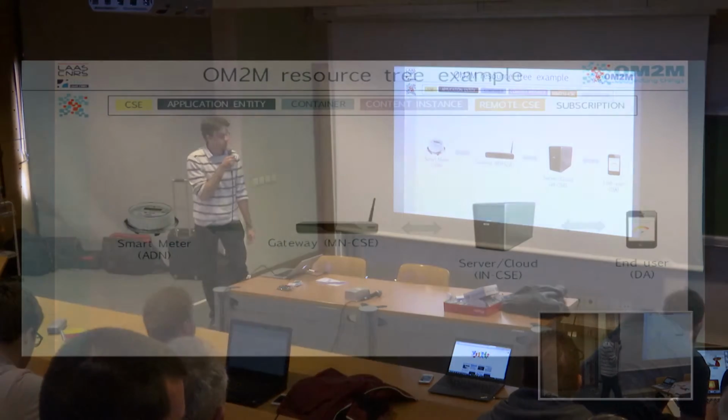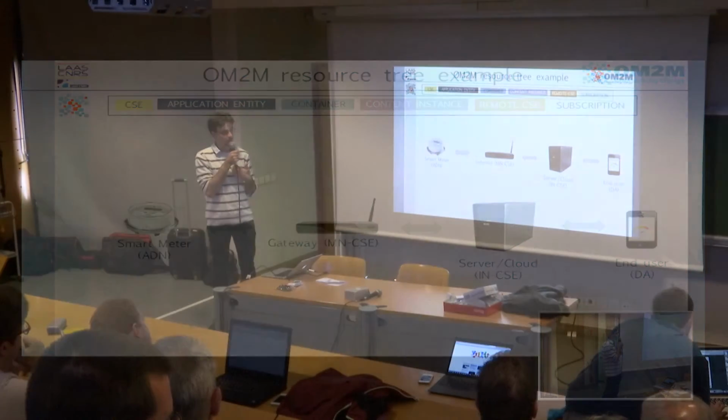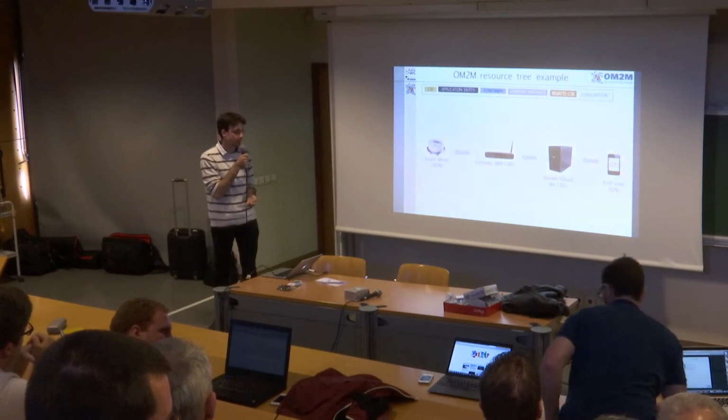So here I will show you a little example of a resource tree and a subscription mechanism. Here you have the IN CSE, which is the server or a cloud entity, which is the top level of your system. And you have on the right an end user application that will run on a smartphone and that will be able to communicate with your system.